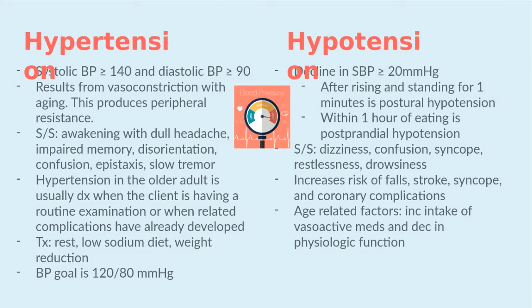It's called postprandial hypotension. Signs and symptoms are dizziness, confusion, syncope, restlessness, and drowsiness. Hypotension increases the risk for falls in older patients, and it can lead to stroke, syncope, and coronary complications. Some age-related factors include an increased intake of vasoactive meds and a decrease in physiologic function.